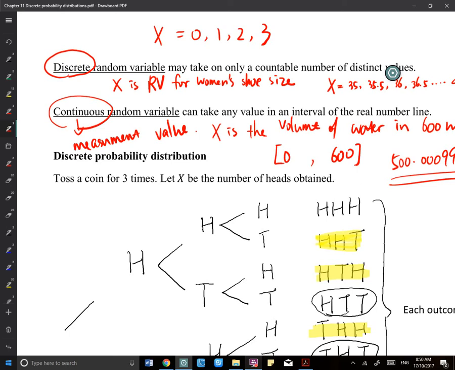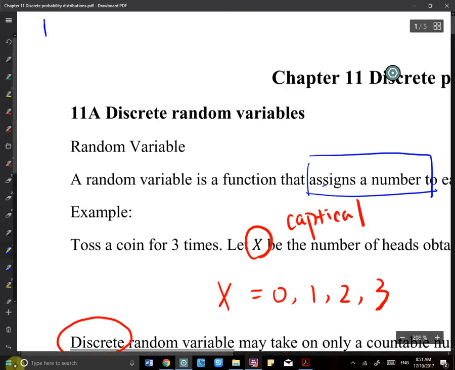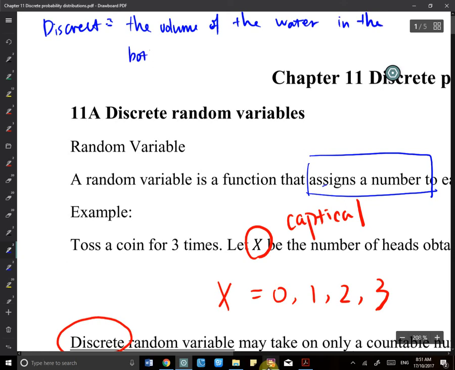But there's a really special case. This is discrete, but it's a measurement value. So the volume of the water I still take in the bottle, but round to the nearest milliliter.